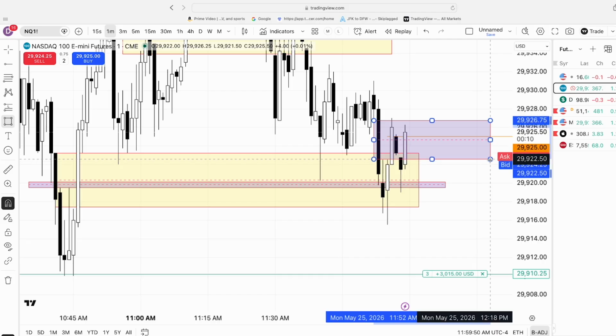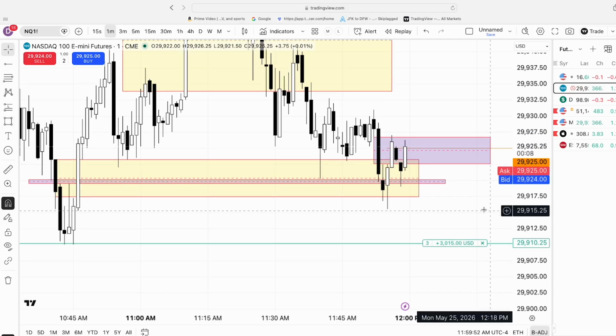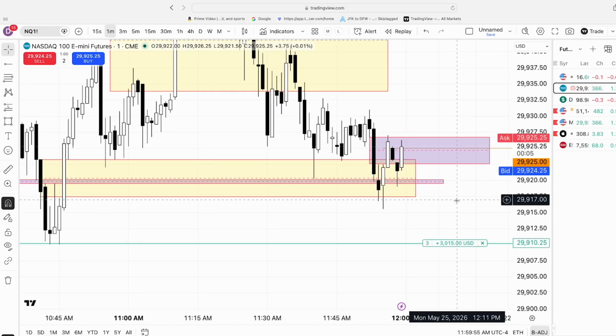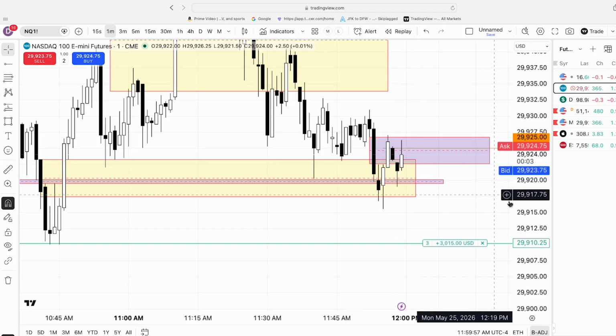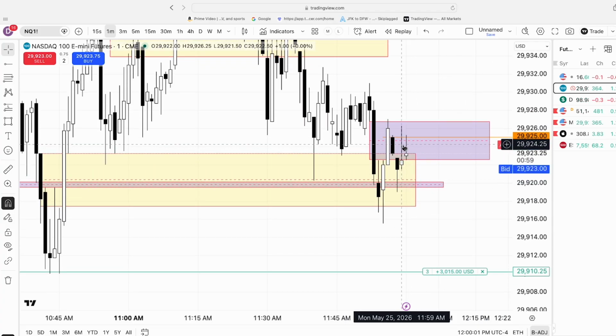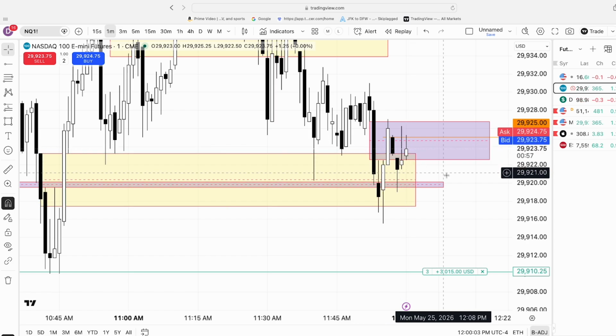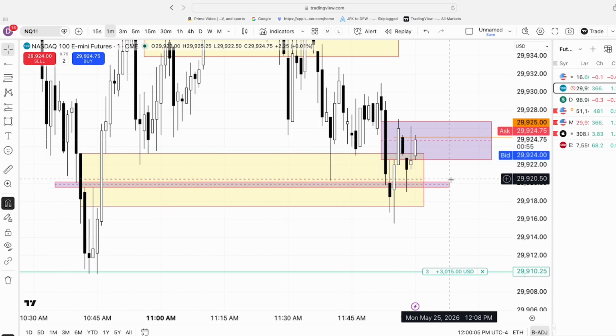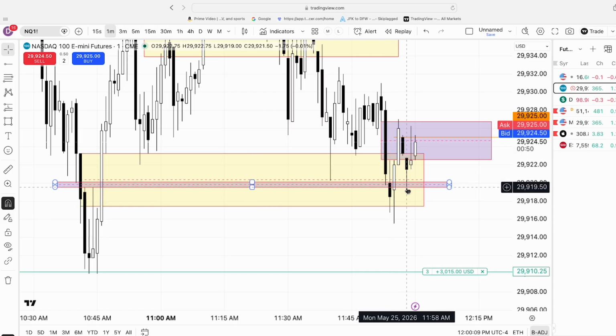I just like looking at fair value gaps too. And I like watching the reactions from fair value gaps. Oh, I don't like this. It keeps testing it and testing it.